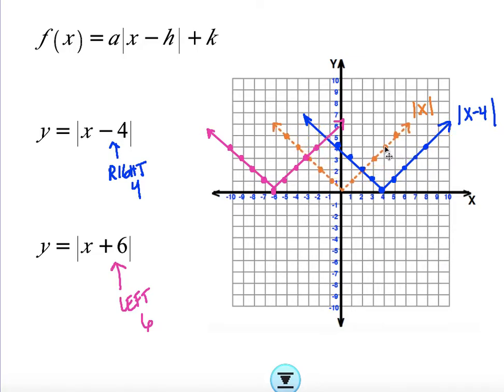And if I shift to the left 6, it lines up. So that's all we were doing, just shifting that parent function to the right or to the left. That's when it's inside the absolute value. You might want to write yourself a little note like this: inside the absolute value goes to the left or to the right.